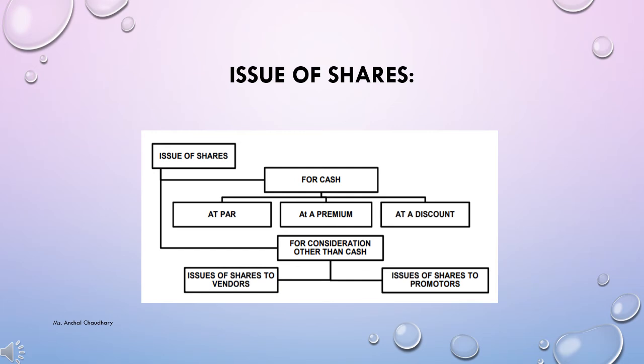In case of consideration other than cash, it can be further divided into issue of shares to vendors, or you can also issue shares to promoters in respect of some particular consideration other than cash.